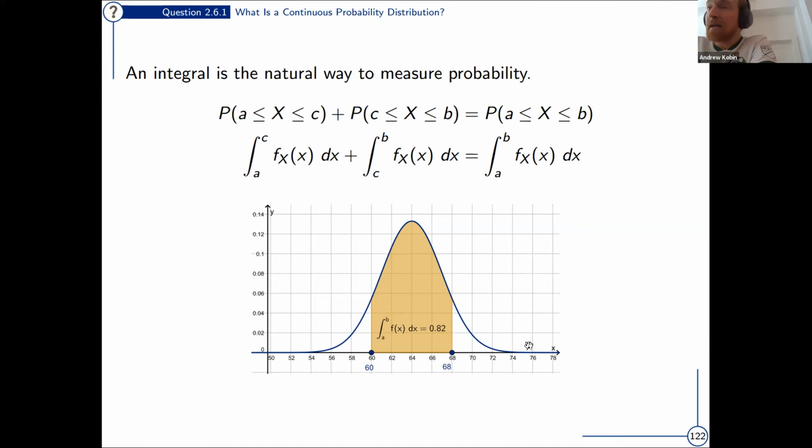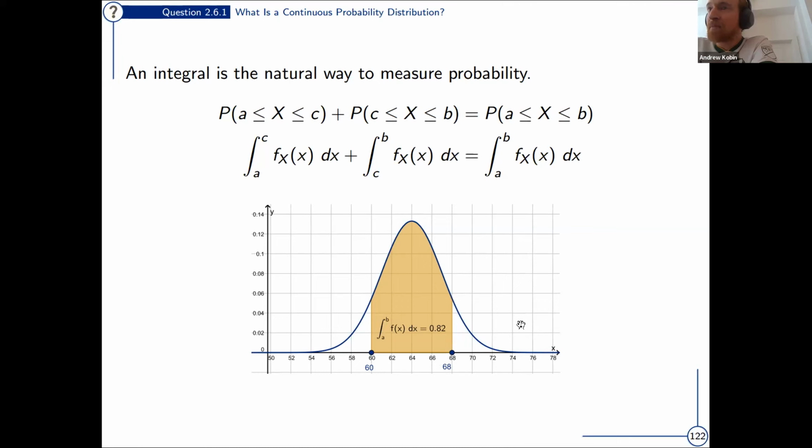Then integrating the area under this graph, and now it is a true positive area since the function is always non-negative, tells you over that certain region what the probability of the outcome falling in that range of values is. For example, in the picture, you see on the x-axis, the values 60 and 68 are highlighted in blue. And the integral from 60 to 68 of this probability function is apparently 0.82, or about 82%.